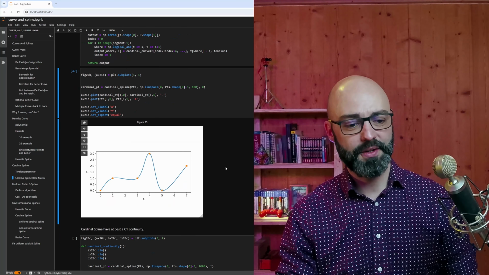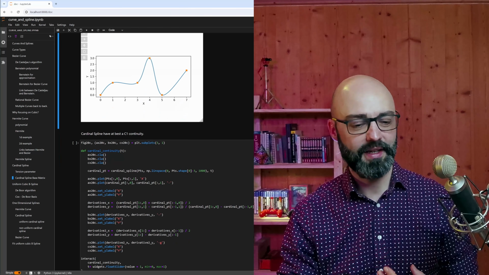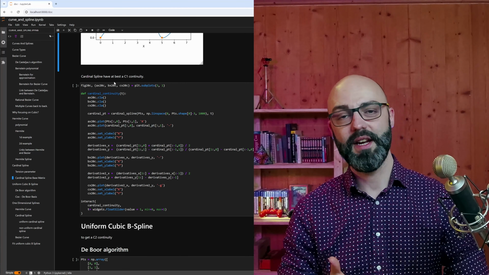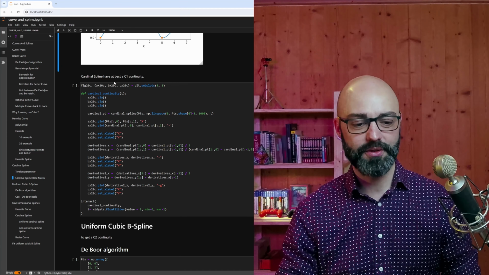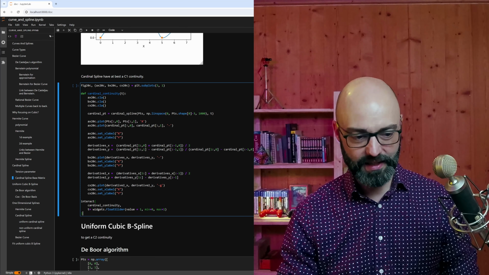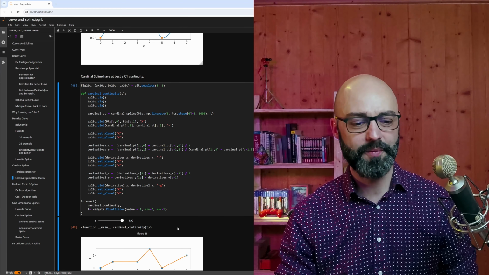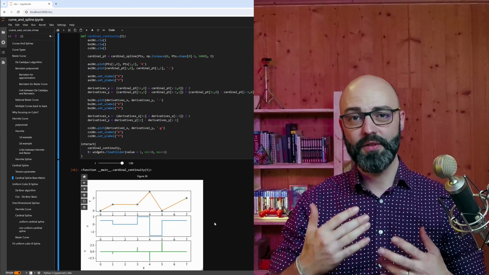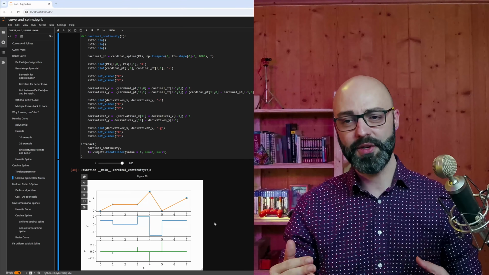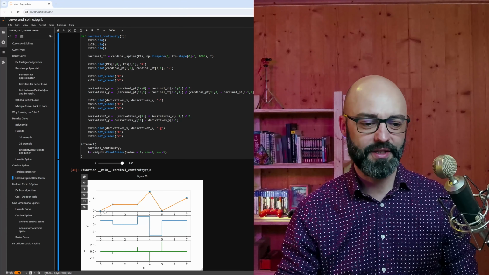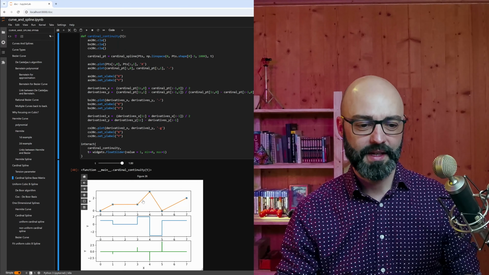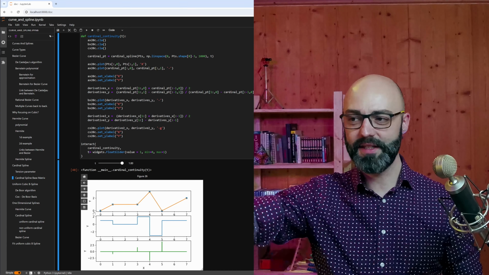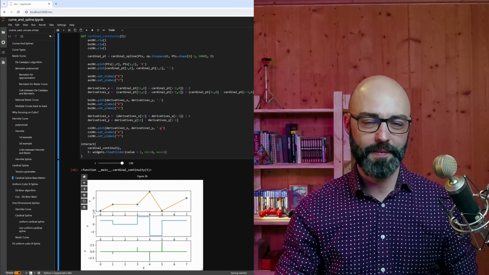Now, there is one particularity to the cardinal spline: at best, it has C1 continuity. That might be a confusing term, but basically, C0 continuity means the continuity of the function itself. A continuous function is one where you can always keep drawing in one step; you don't have to lift your pen.